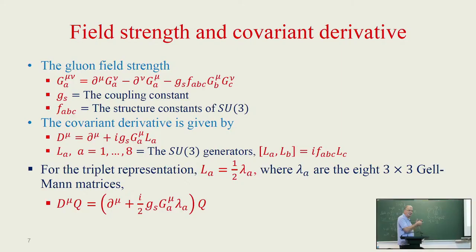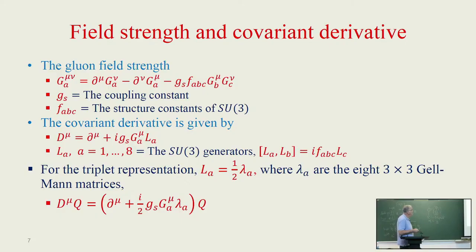Also, everything here is automatic, okay? It's automatic in the sense that I cannot play games. This is all necessary for the invariance under a local SU3. So I introduce the field strength, d mu G nu a minus d nu G mu a minus g_s, that's the independent parameter, and S stands for strong because this will lead to the strong interactions. f^ABC are the structure constants of SU3.